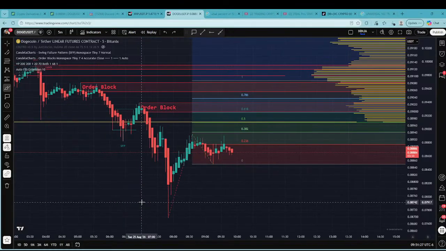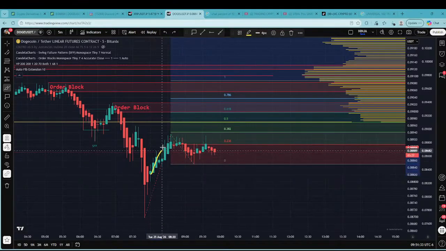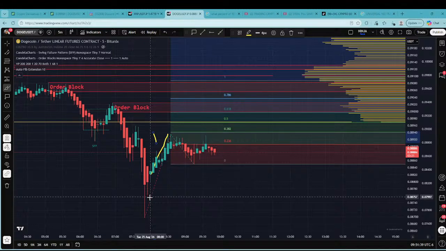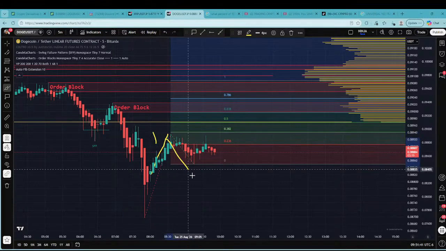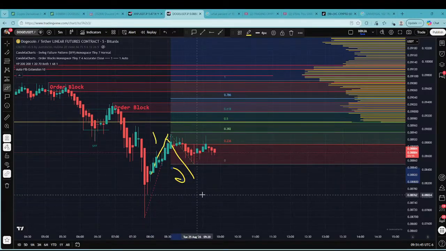Now, normally after a big dip or any move, there's going to be the push up from the pull down, which is a reversal move. Then there's the second move, which is the continuation of the trend.